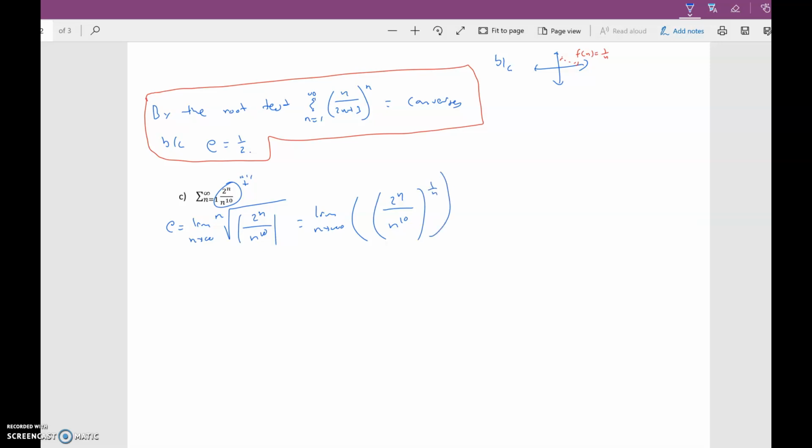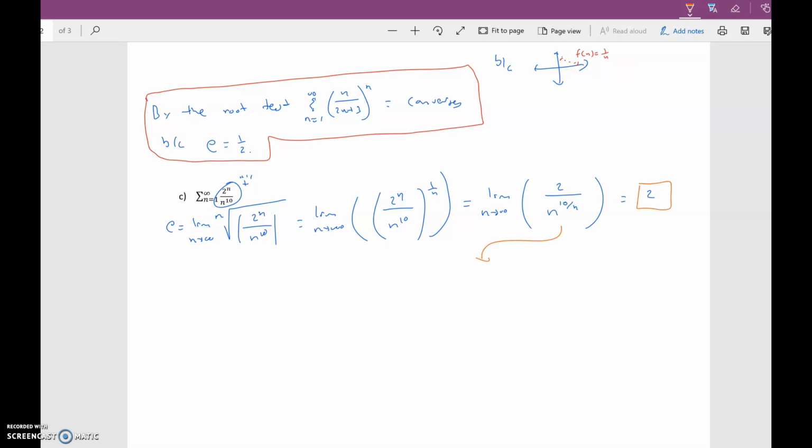1 over n, which is equal to the limit as n approaches infinity of 2 over n raised to the 10 divided by n. And this one, it's going to be 2. And let me explain why.